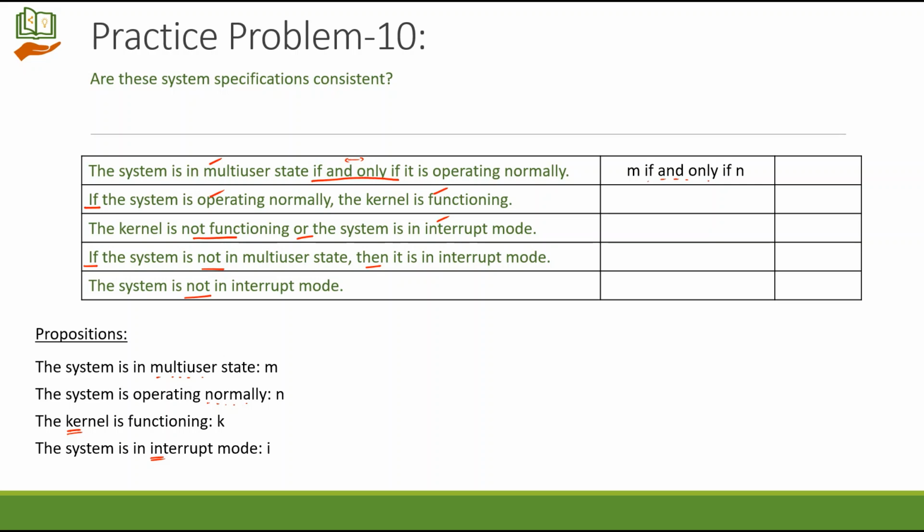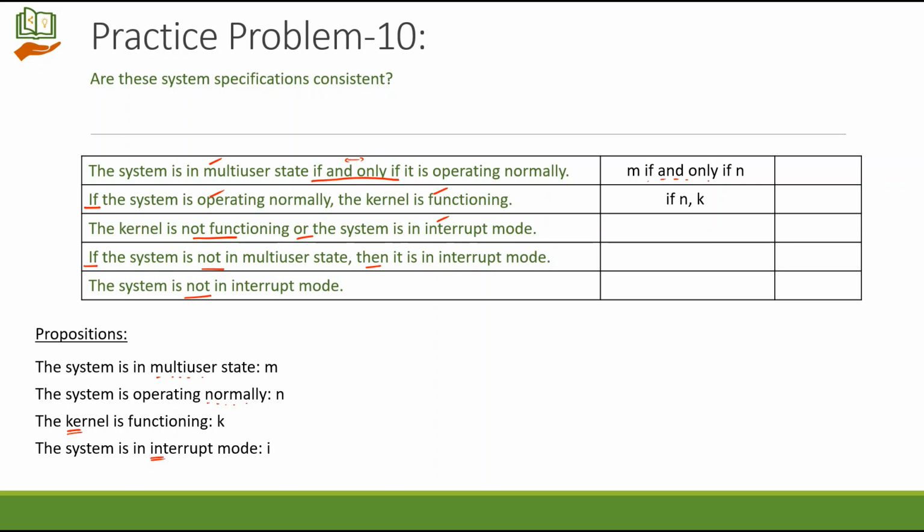The next statement, if the system is operating normally, it means if N, the kernel is functioning will be K. So if N comma K, this is equivalent to if N then K. You can take it that way. Now the kernel is not functioning. It means negation of K or disjunction operation. The system is in interrupt mode.